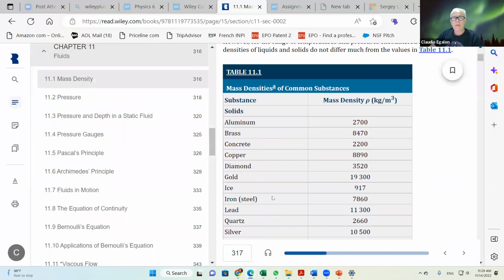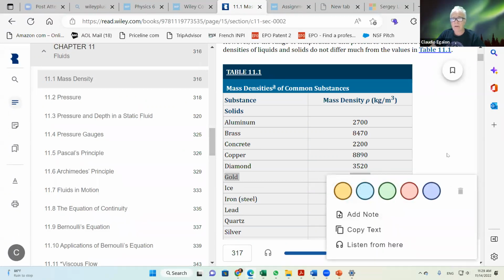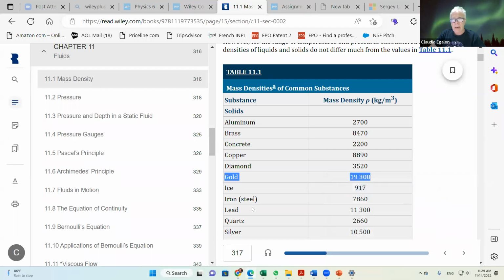For instance, solids, right? Aluminum is 2,700 kilograms per cubic meter or 2.7 grams per cubic centimeter. Brass is 8,400, concrete is 2,200, copper is 8,800, almost 8,900. Gold is very dense, 19,300. Lead also is very dense.